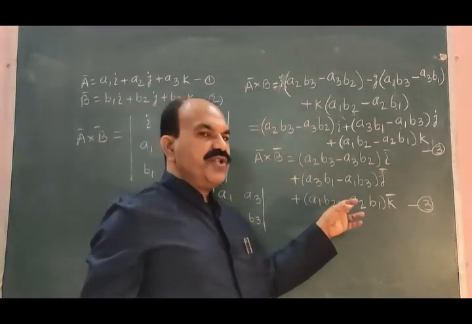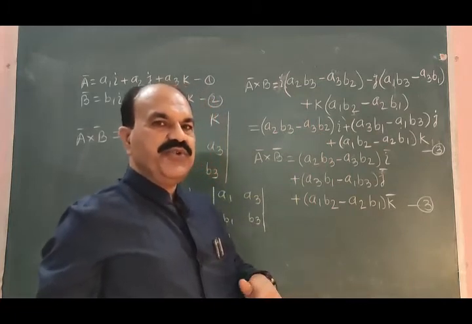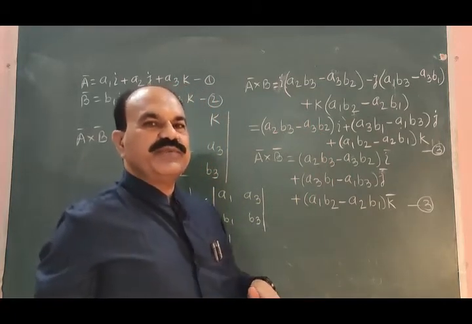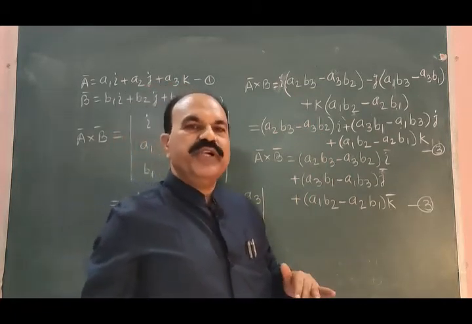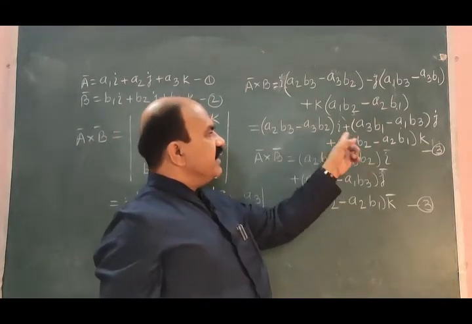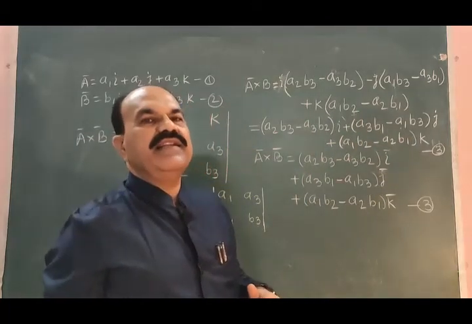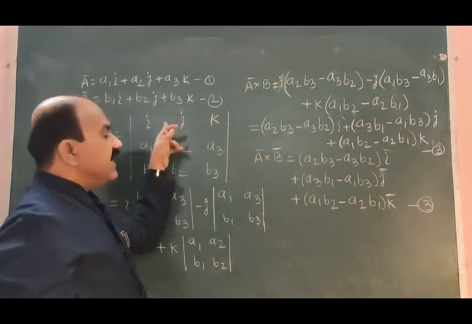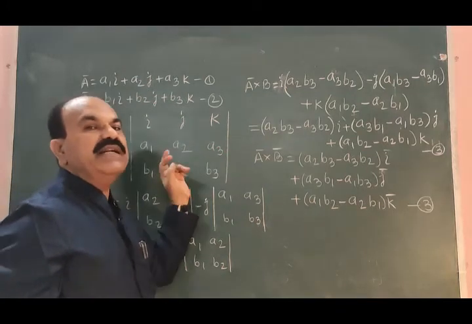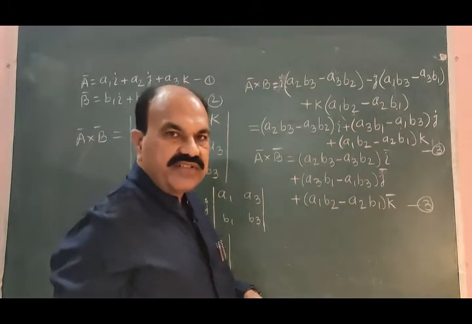This is the expression we obtained earlier using the rules of cross product of unit vectors. This equation, this is also 3, is obtained in this article using the determinant method. Observe this equation and this equation.